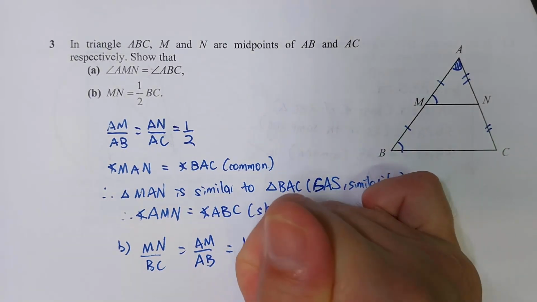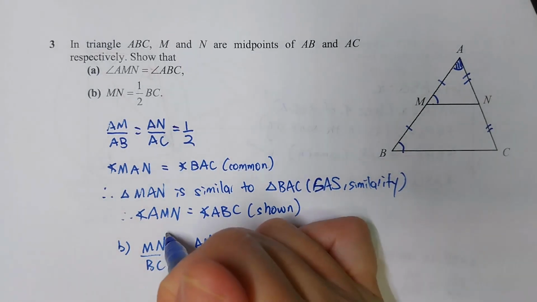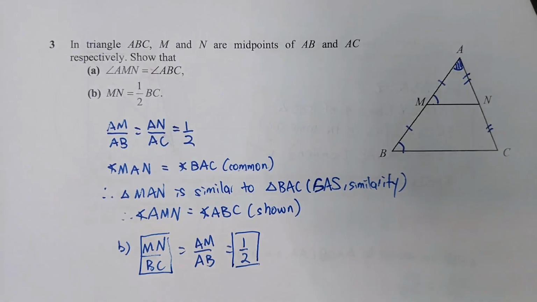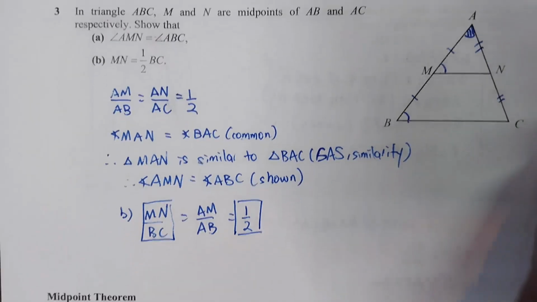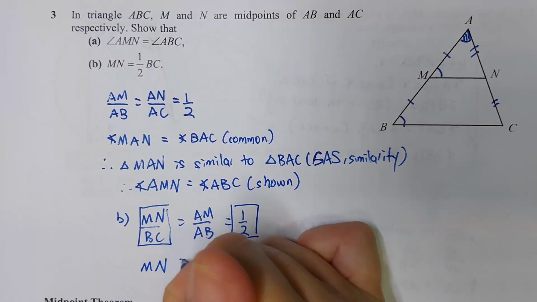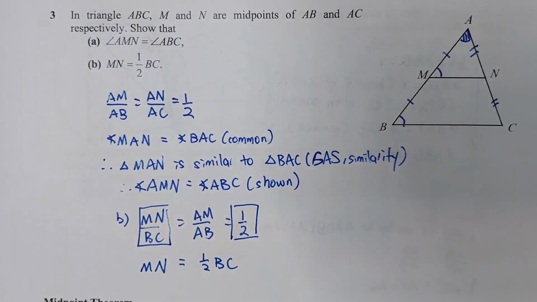And the ratio we have is half. So using these two parts here, we can say that MN equals half BC by just cross multiplying over BC.